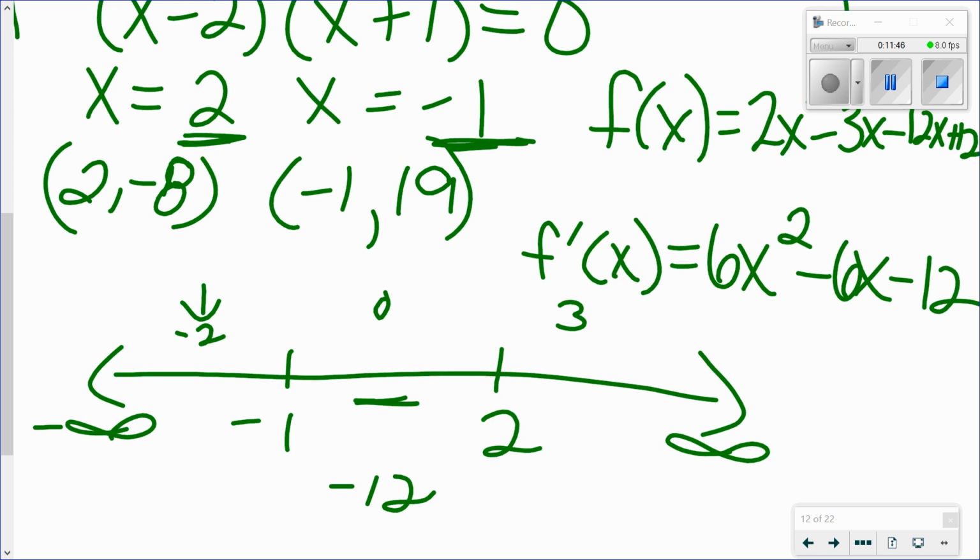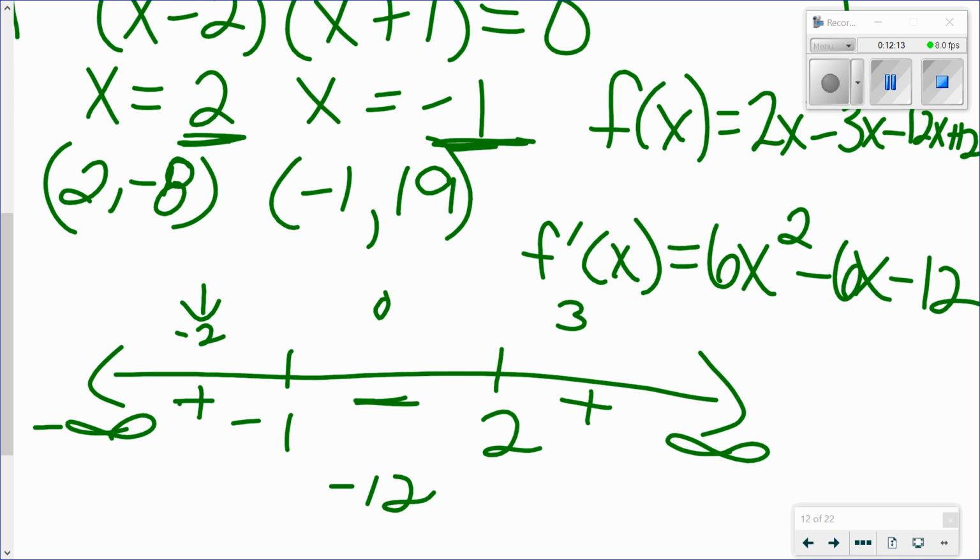We have positive, and when I plug a 3 in, I also get positive. So we have positive, negative, positive.